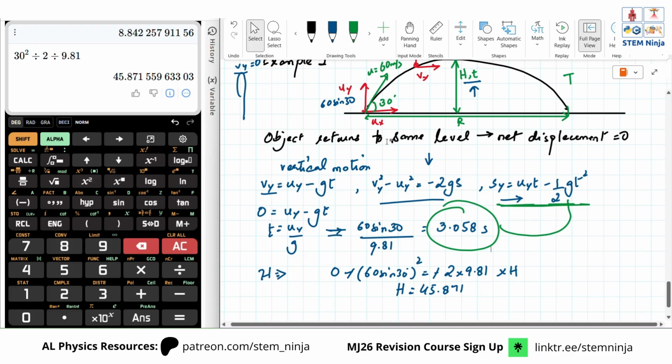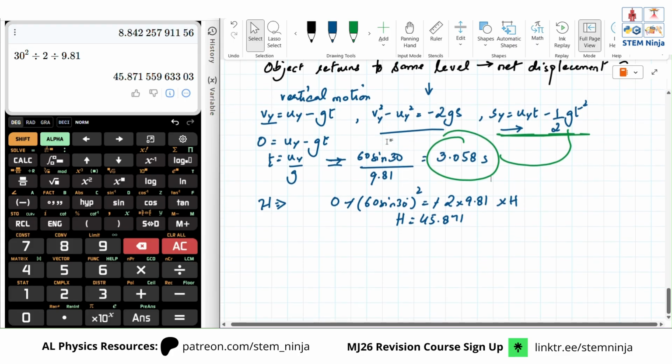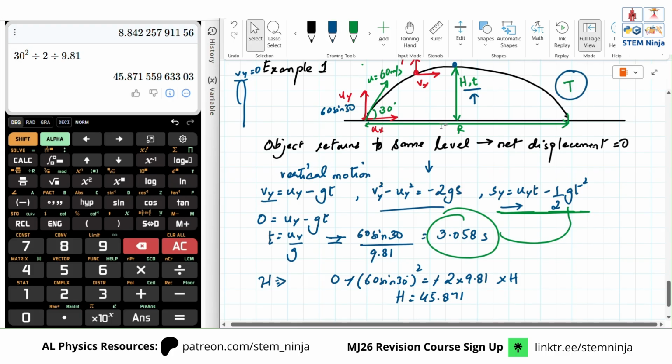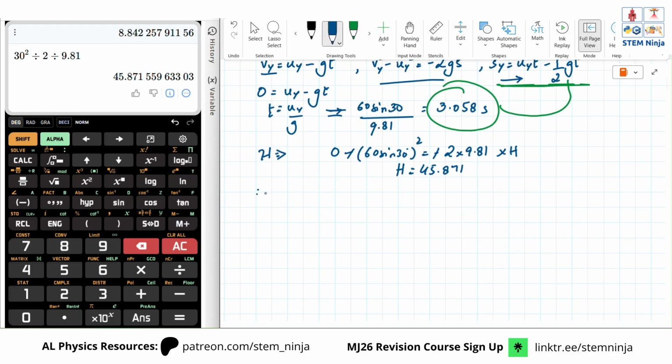Now, the range, total time basically. So for the total time of flight, in this case, we have to remember that the net displacement becomes 0.